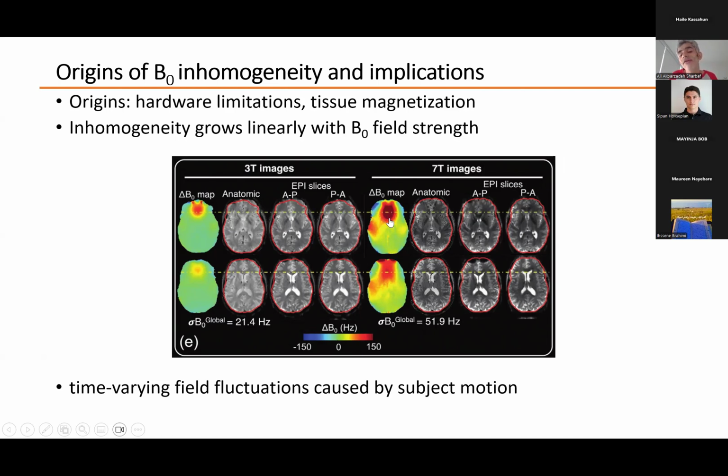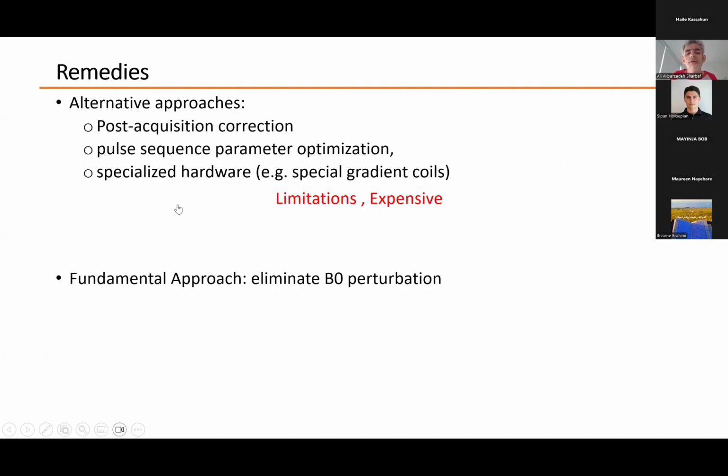And when we have such a huge shift, we can't see anything. So we have to find some way to solve this problem. There are some remedies. For example, there are some algorithms to do the corrections. But the other approach is to eliminate the B0 field inhomogeneity itself.